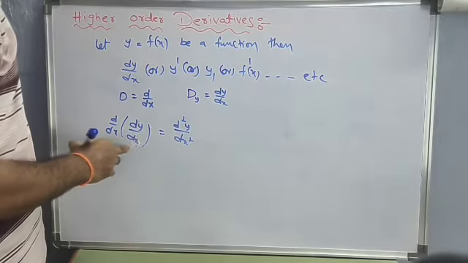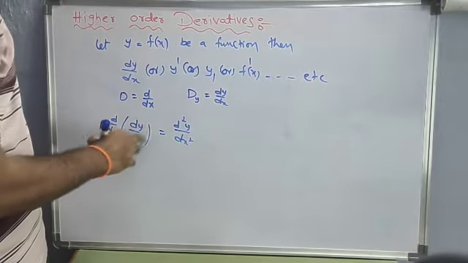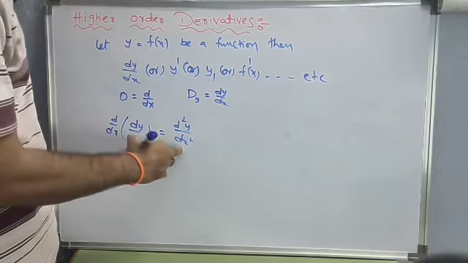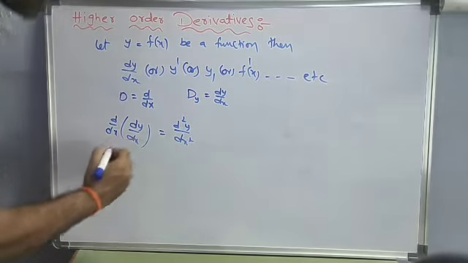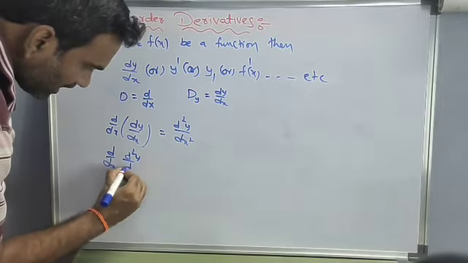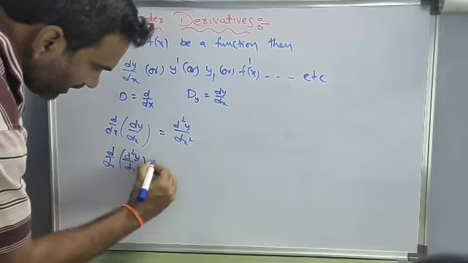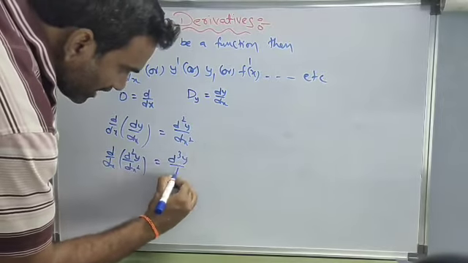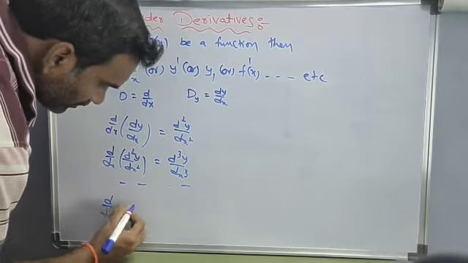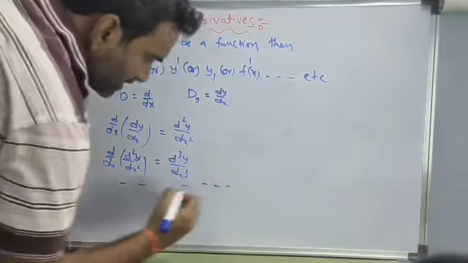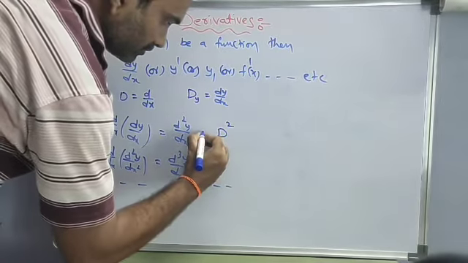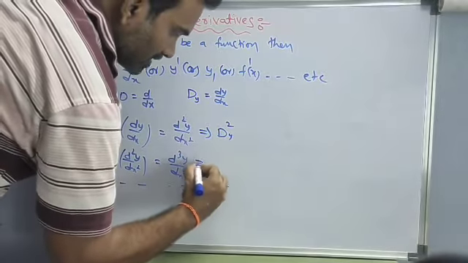Then d by dx of d square y by dx square, differentiating again, is d cube y by dx cube, and so on up to the nth derivative. This value is d square, this value is d cube.